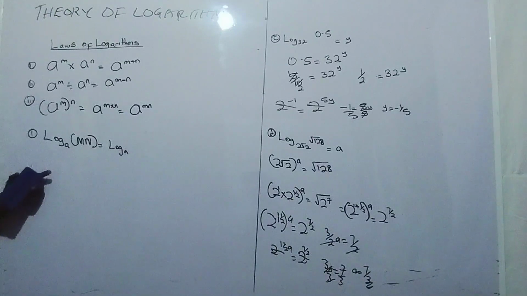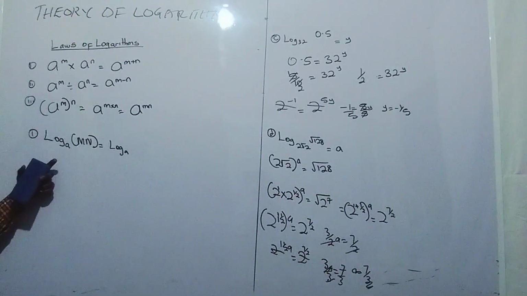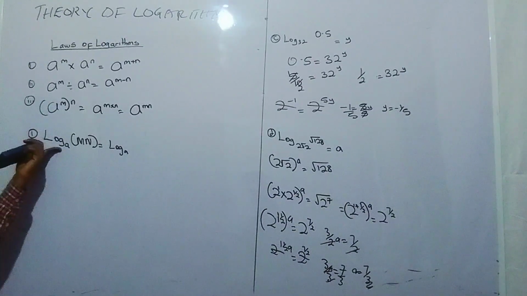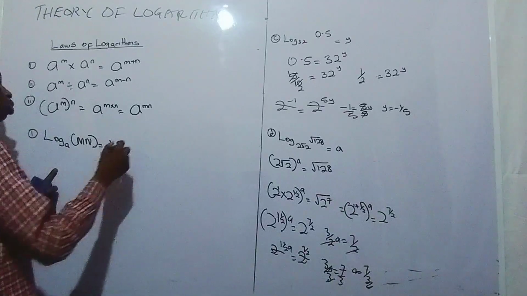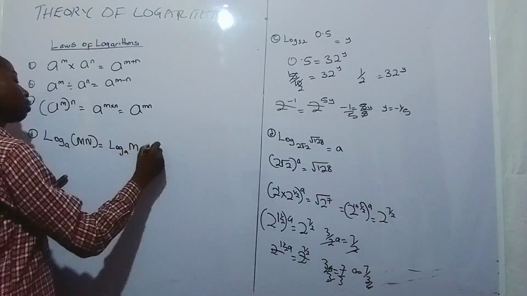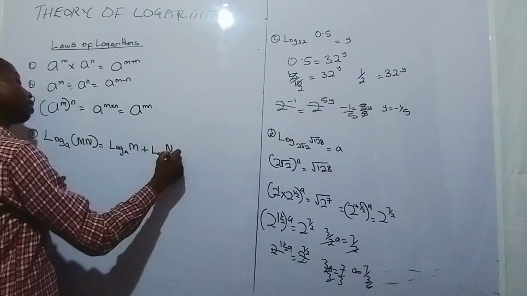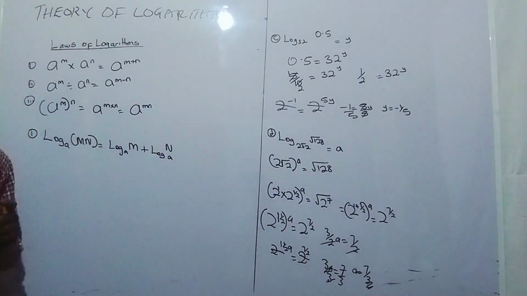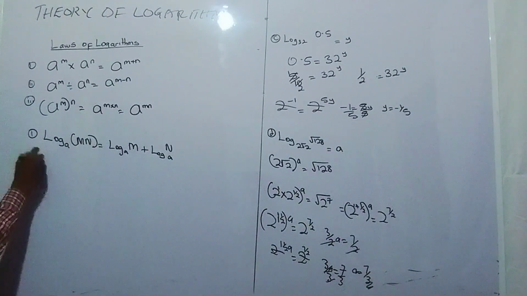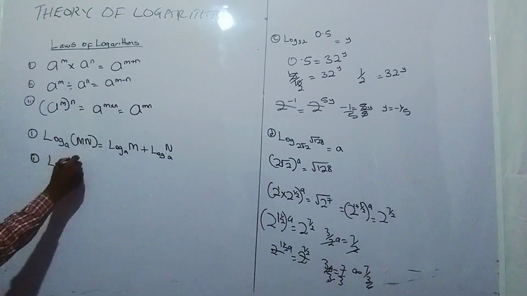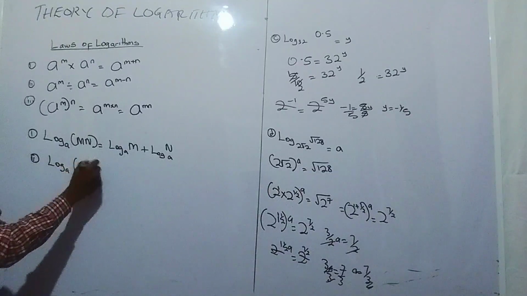And as for multiplication in logarithm, it is addition. Now we have a common base, base a. So when we want to express this, we express it as what? Log m base a plus log n base a.